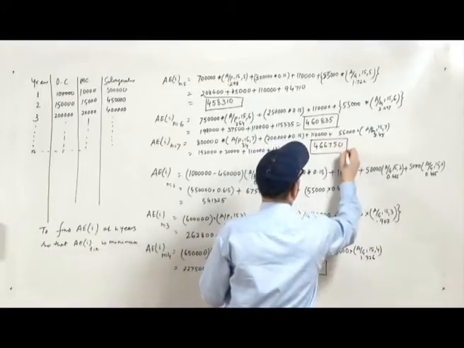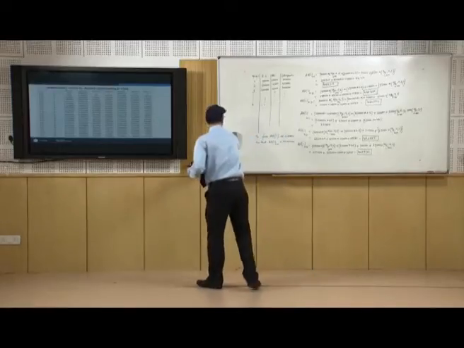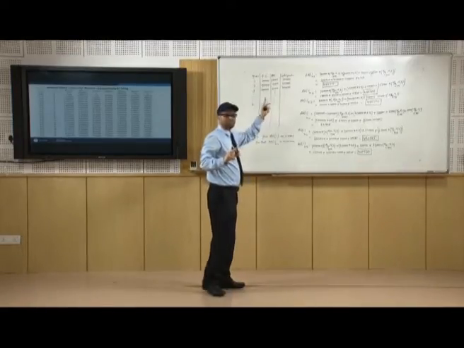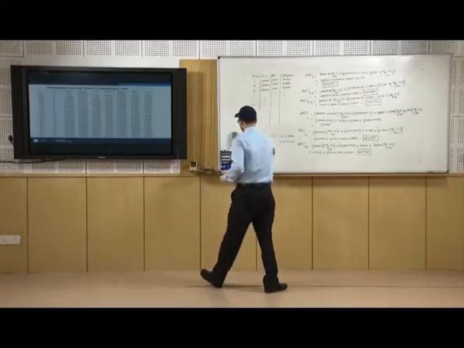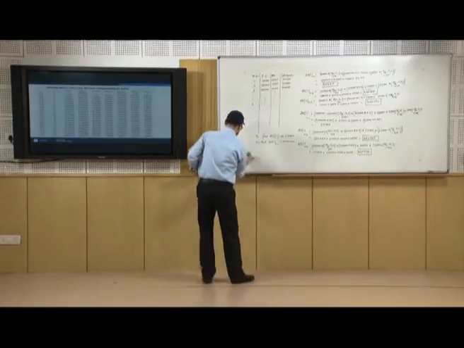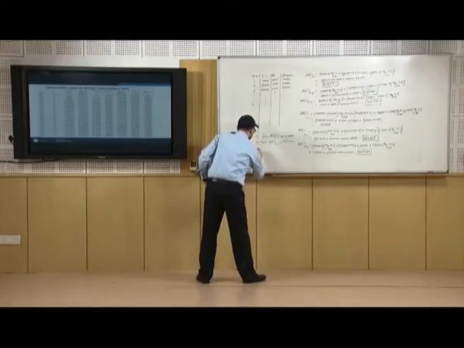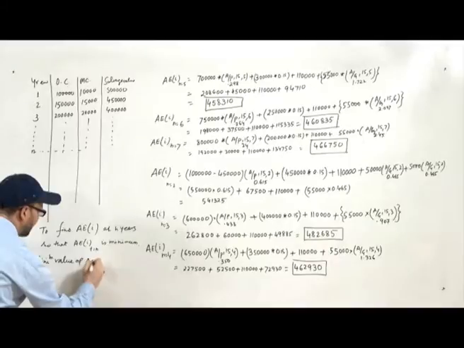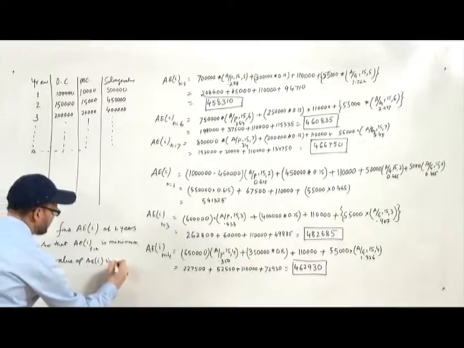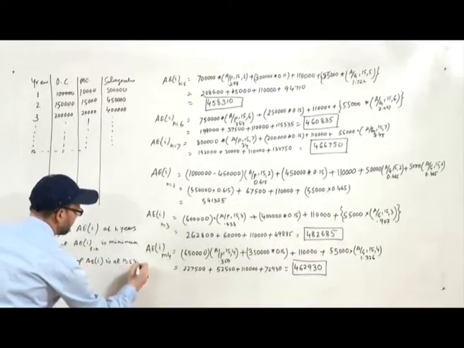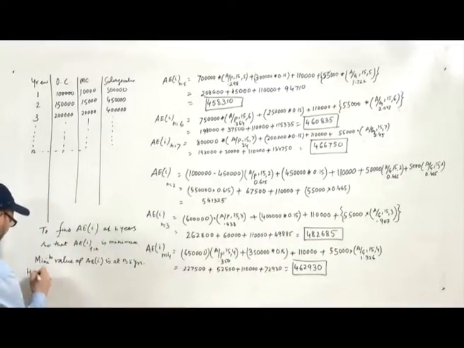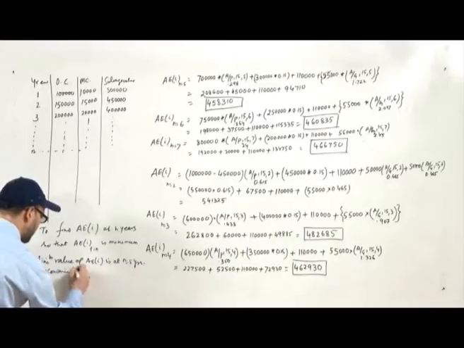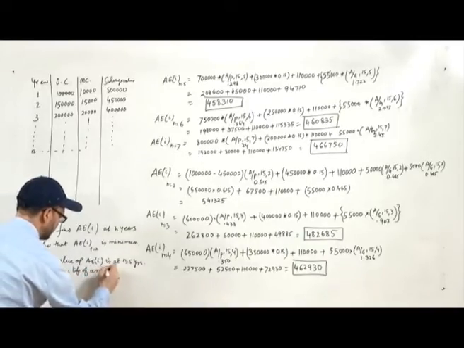So, what we see is that the minimum value of annual equivalent is found at n equal to 5 years, and hence the economic life of the asset is 5 years.